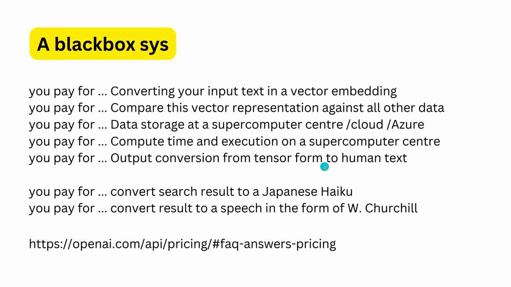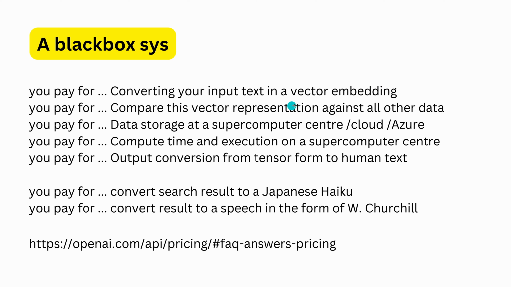Now, an LLM, because it's so huge and includes everything for everybody, has to run on a supercomputer center. So what it does, and this is really the task that it performs, is convert your input text to a vector embedding. This takes compute time.